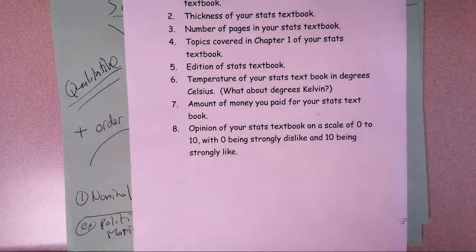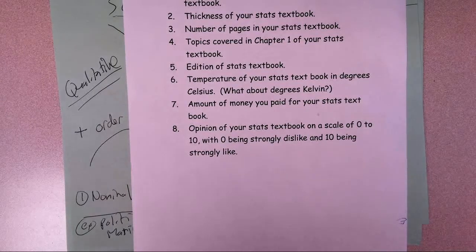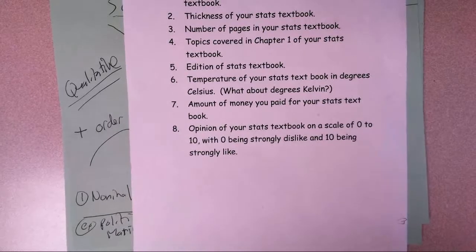And so if you wanted to capture how people felt about the textbook, you would need an objective way to do it. Here's an example. Let's say you had 10 different things that someone could like about the textbook, and they chose which things they liked about it. You could think of their opinion as being on a scale of 0 to 10, 0 meaning they didn't like anything about it, 10 meaning they liked all 10 things.